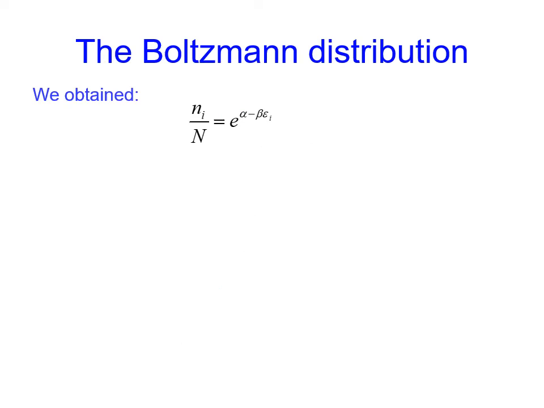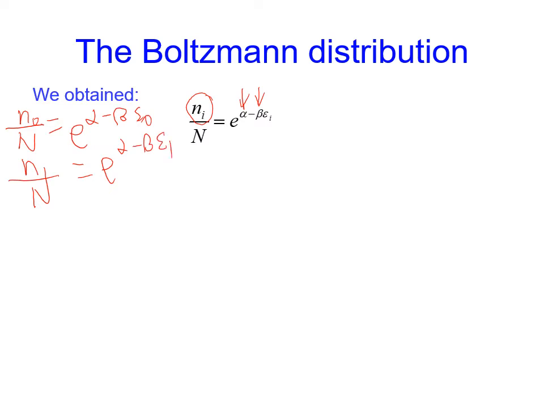In this equation, there are two multipliers, alpha and beta, to be determined. And we realize that this is Ni, the number of molecules for an arbitrary energy level i, so this applies to all the energy levels. We can write N0 over N equals e to the alpha minus beta epsilon 0, and N1 over N equals e to the alpha minus beta epsilon 1, and so on for N2, N3, for all of them.